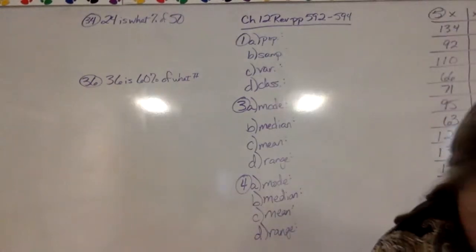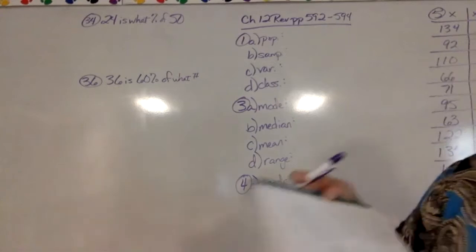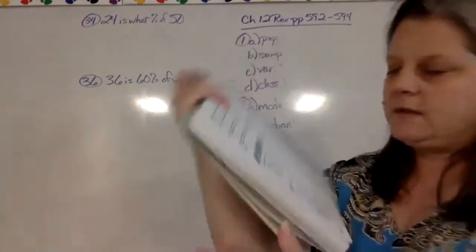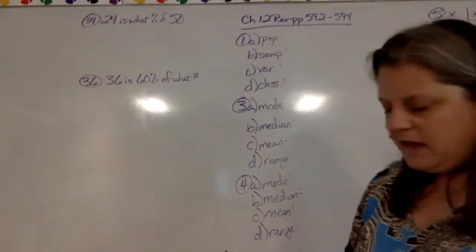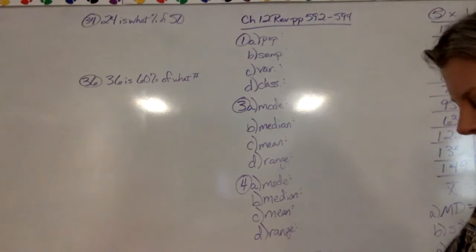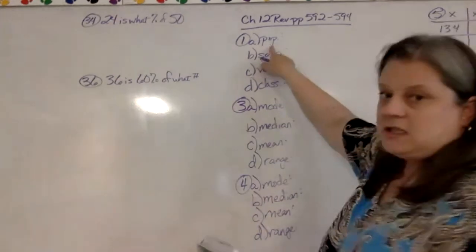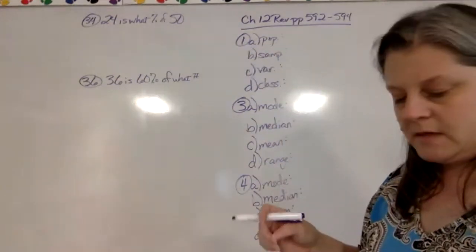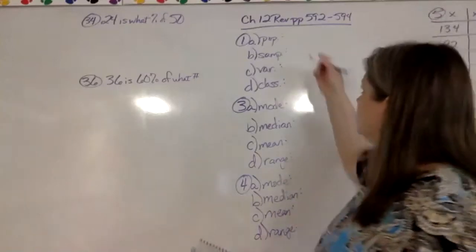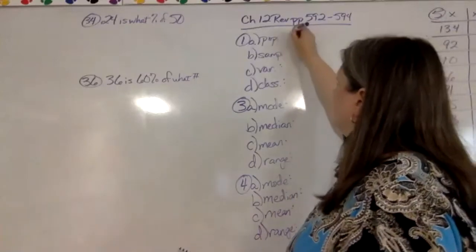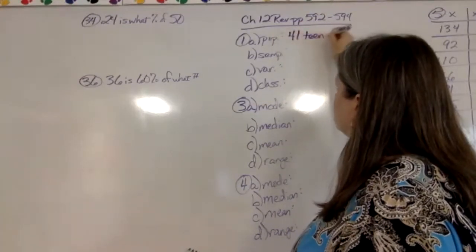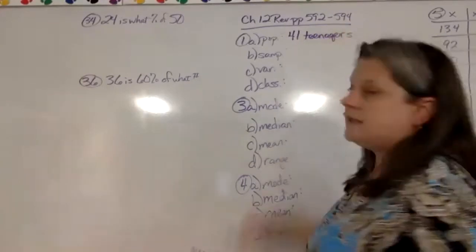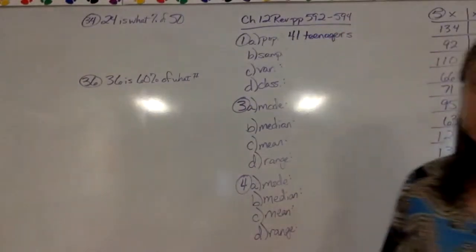So now we're flipping back over to page 592 to the beginning of chapter 12 review. And it says, answer the question for each situation. Karen measured the heights of 11 out of the 41 teenagers in her youth group. So the population is what? 11. No. Population is the entire group. So there was 41 teenagers.